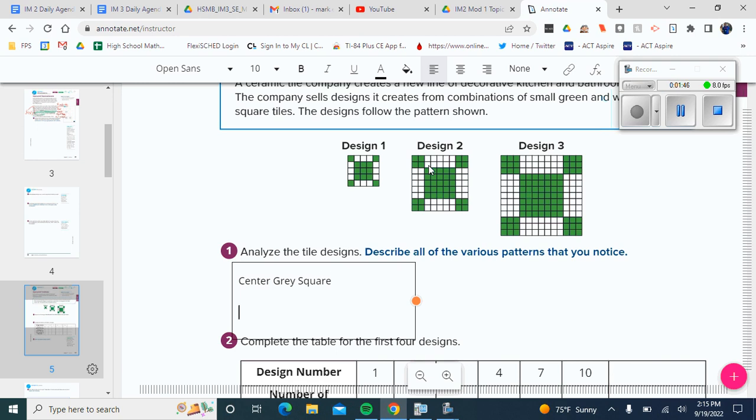There's a pattern for the 4 corners of gray squares. Then there is a pattern for the 4 rectangles of white squares.